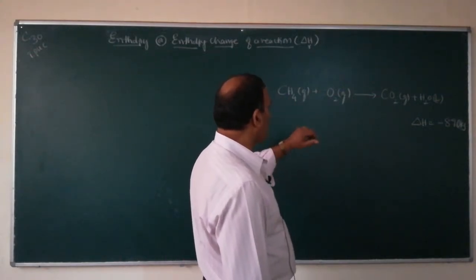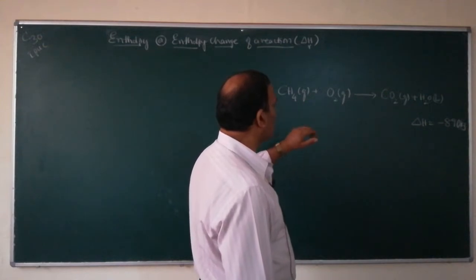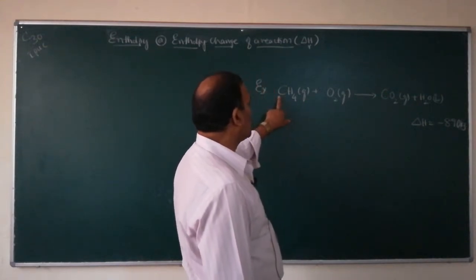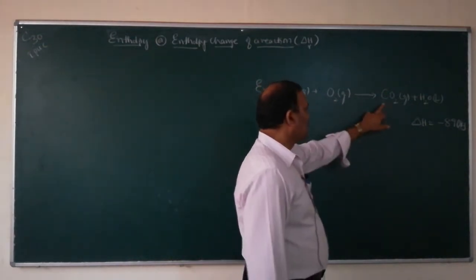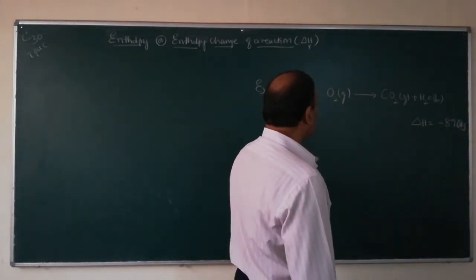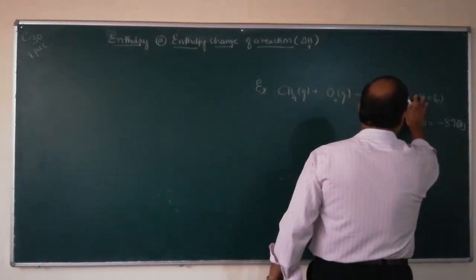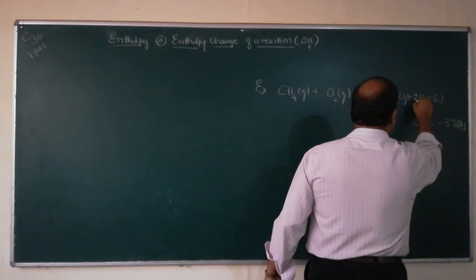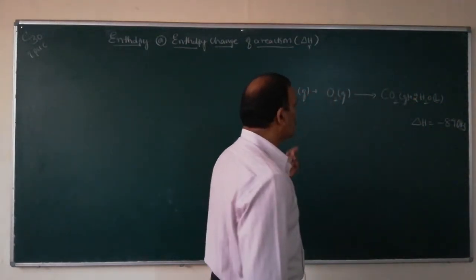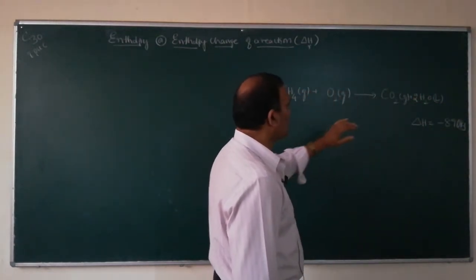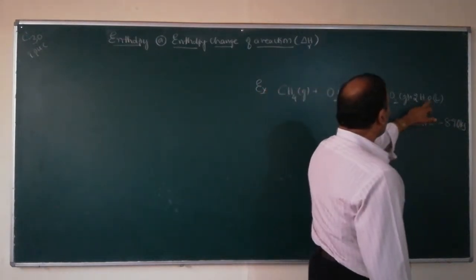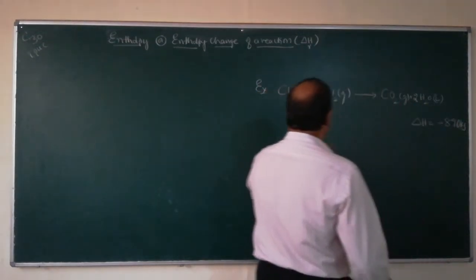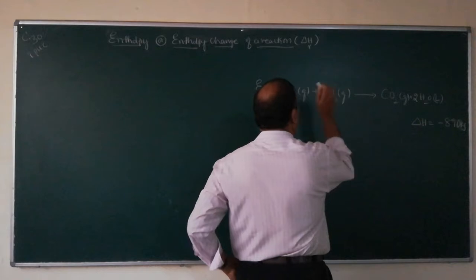A thermochemical equation should be a balanced chemical equation. So it should be balanced. C is balanced. H4 here, H2 there, so it should be 2H2O. So hydrogen is balanced. Then what about oxygen? 2O plus O2 here, only 2 on that side, so 2O2.